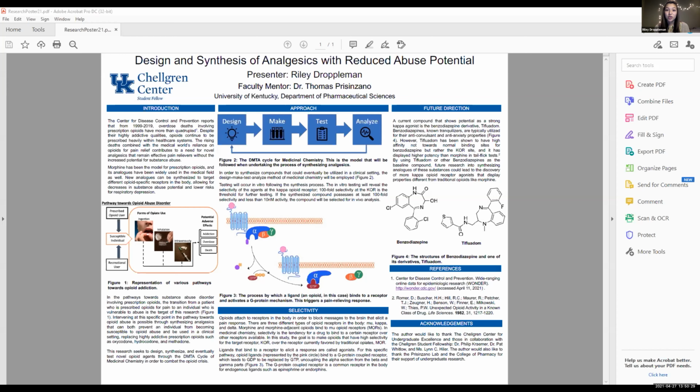And for the future, we're really hoping to utilize the properties of tifluadom, which is shown on the right side of my poster. It is a benzodiazepine derivative, and benzodiazepines are prescriptions that we use as anticonvulsants and anti-anxieties.